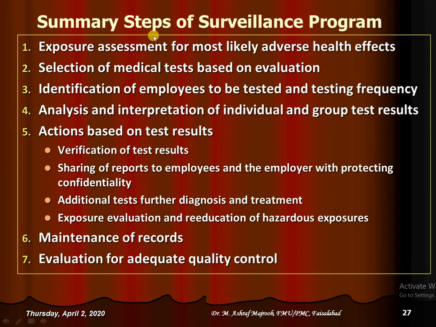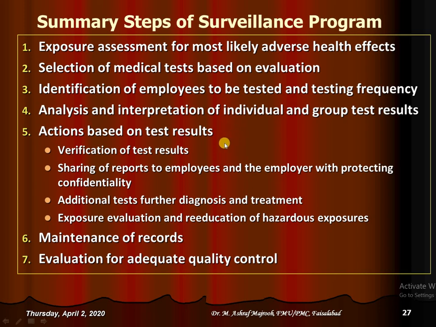Then lastly, the summary steps for the surveillance program. The exposure assessment for most likely adverse health effects, selection of medical tests based on evaluation, identification of employees to be tested and testing frequency, analysis and interpretation of individual and group test results.